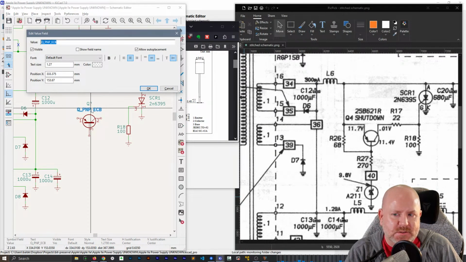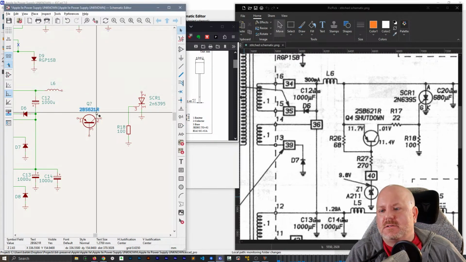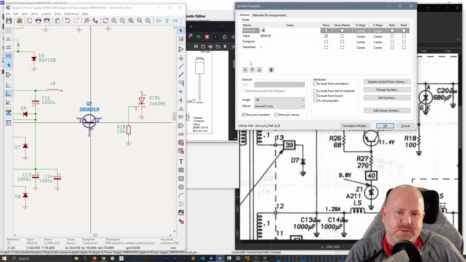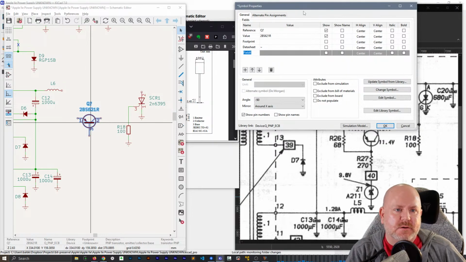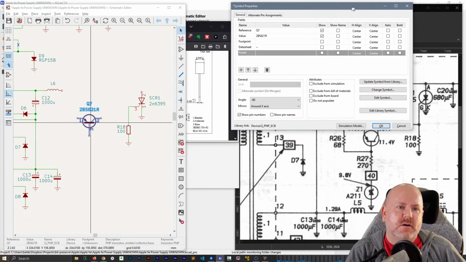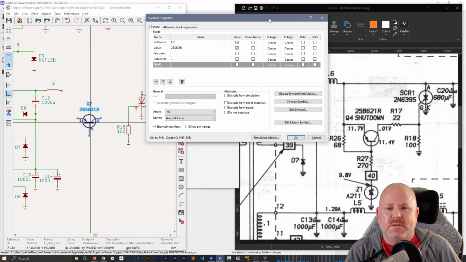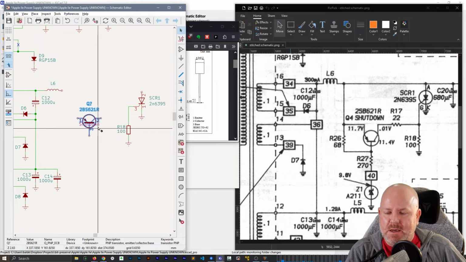So this is 2SB621R. I know that's probably more of a joke, but what is this? Oh, come on, don't do that. I want to add a label that says shut down show. Okay.